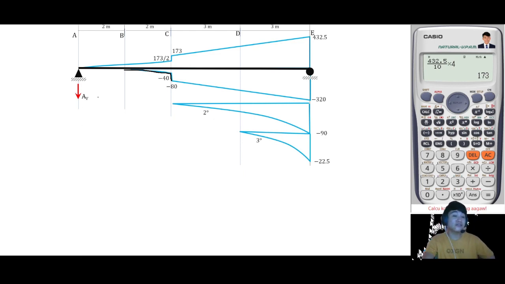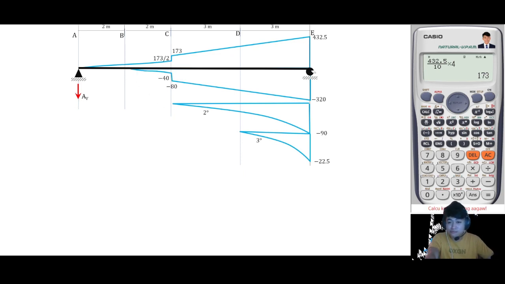The reaction here is also the slope at A. We are going to solve the reaction at A first, because later on we will cut this section and consider it so that we can solve the slope and deflection, which is just shear and moment. Identify the shear and moment at that point, and that is automatically the slope and the deflection of your real beam. But let's solve the reaction at A first.